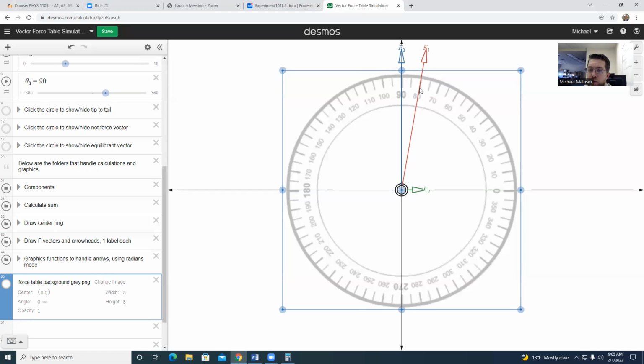On your force table, you will not be able to put F1 in the same quadrant as F2 and F3. Instead, what you'll be demonstrating to me in lab is the equilibrium vector. The equilibrium vector is the one that basically makes equilibrium achievable on the force table.